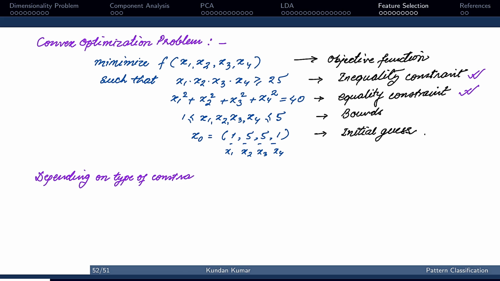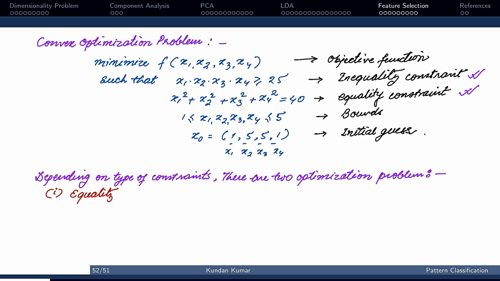Depending on the types of constraint, there are two types of optimization problem. The first one is the equality constraint optimization problem.